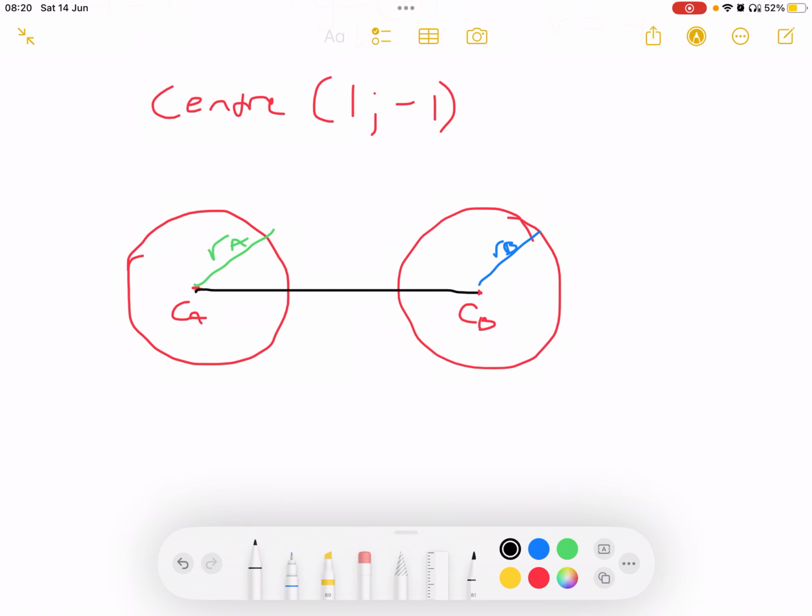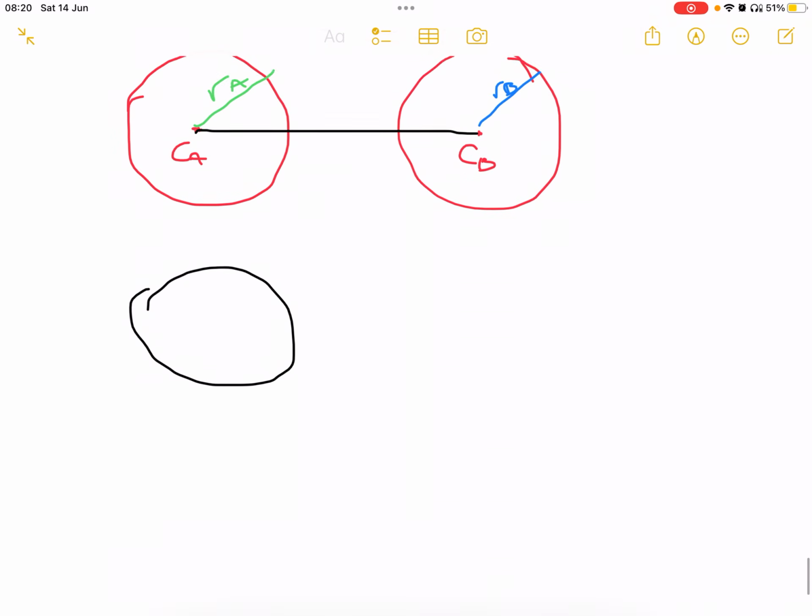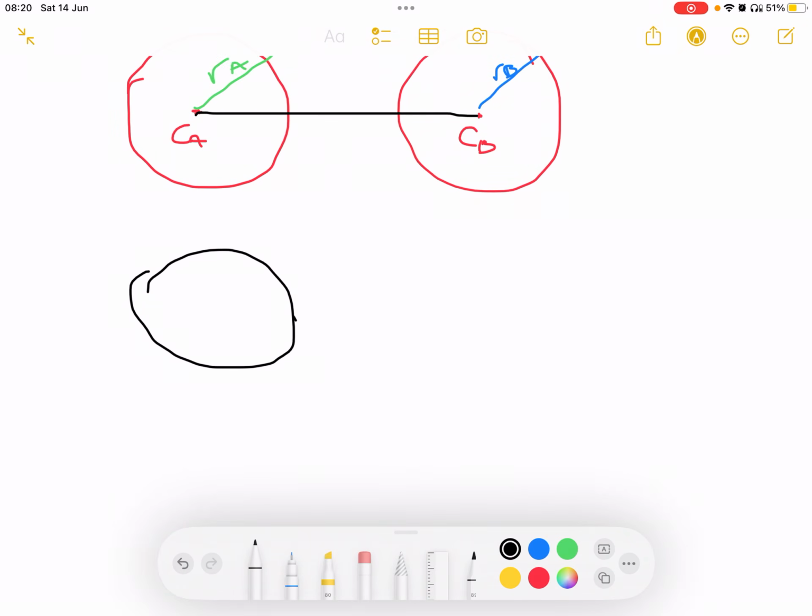So if you get a distance between the two centers that is greater than adding up those two radii, the circles do not intersect. Or in a case where this circle is just touching that circle, the length between those two centers should be equal to radius 1 plus radius 2 because they're just touching.